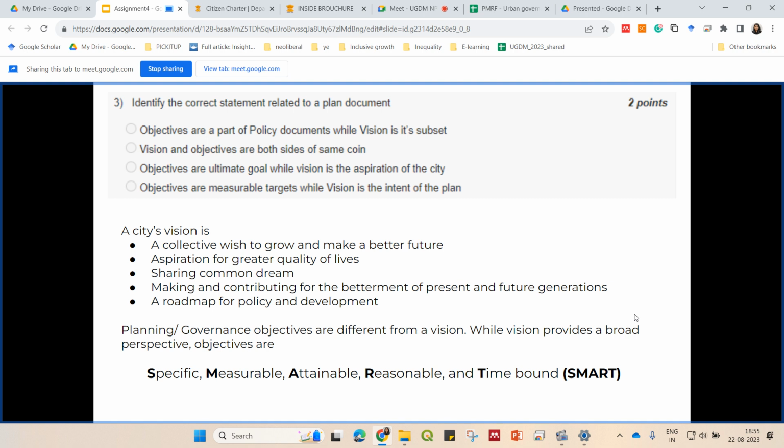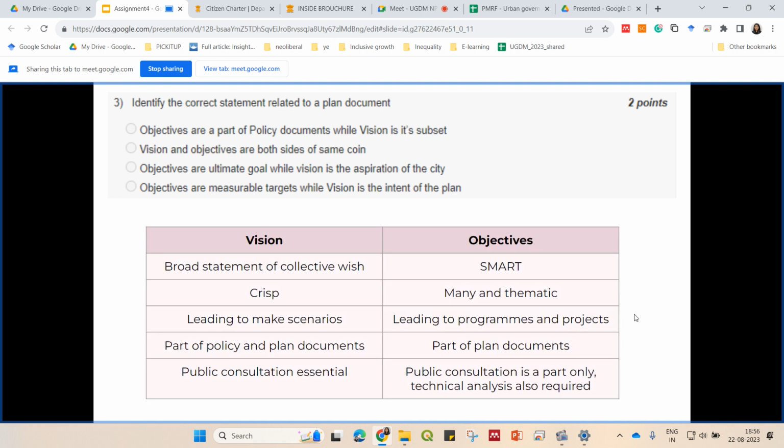All these measures, specificity, measurability, attainability, reasonability, or time bound, are not the things which have to be true for the vision. It can be true or cannot be true even, but these are some things which necessarily have to be true for planning or governance objectives. I hope this is clear.